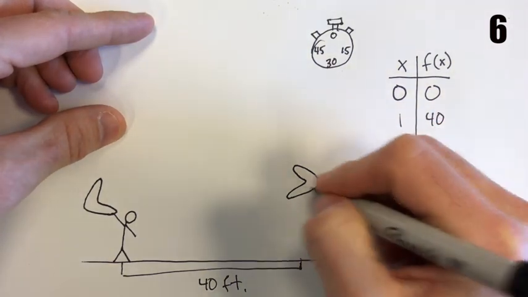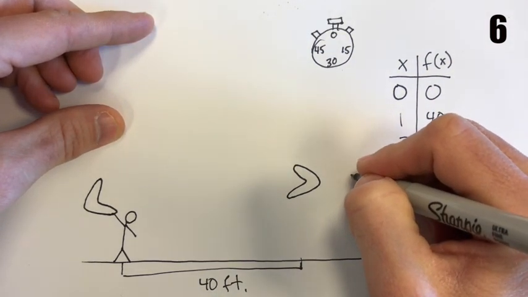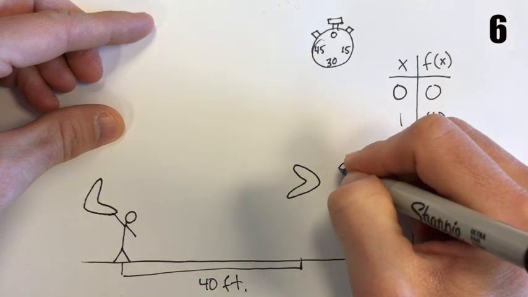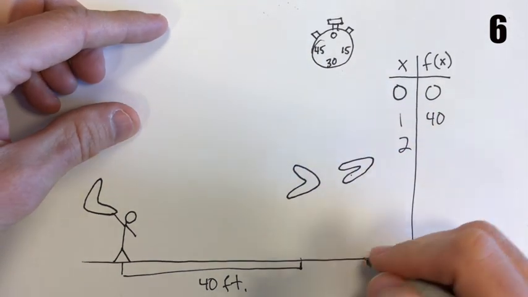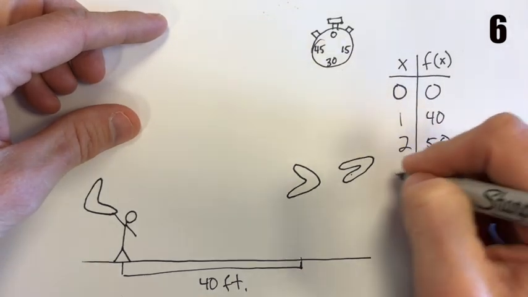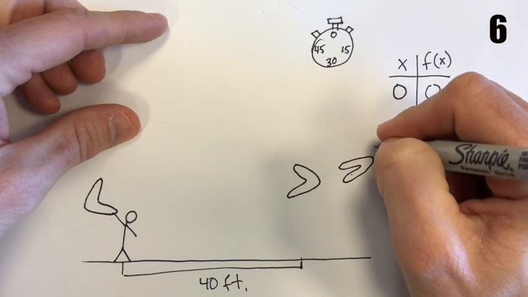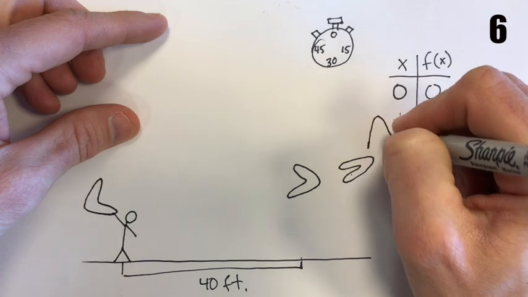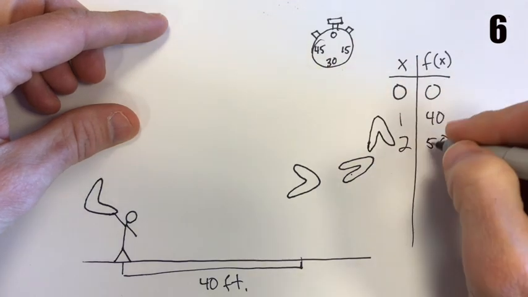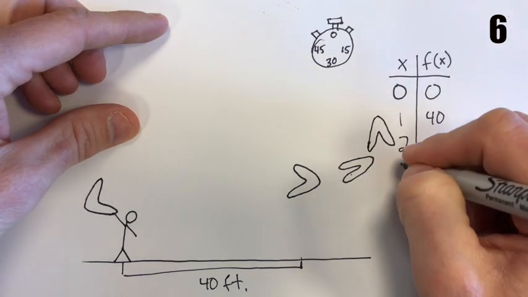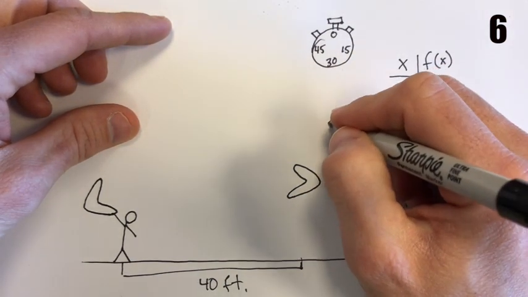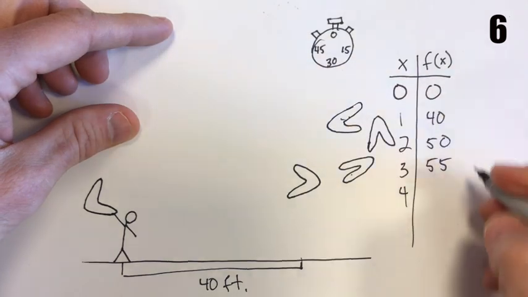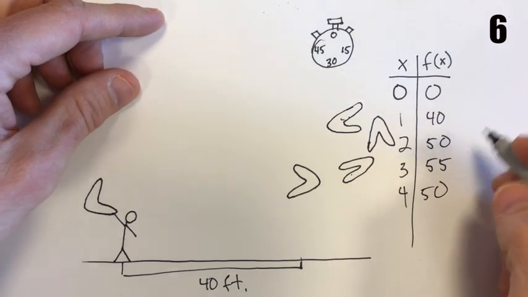After 2 seconds, it's over here, starting to kind of turn around, and apparently morph shape. Now it's at 50 feet. After 3 seconds, it's at 55 feet. At 4 seconds, it's turning around, and it's back to 50 feet.